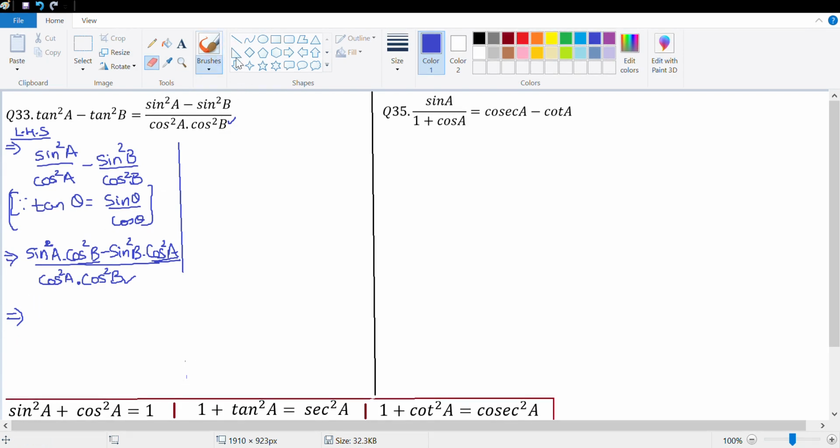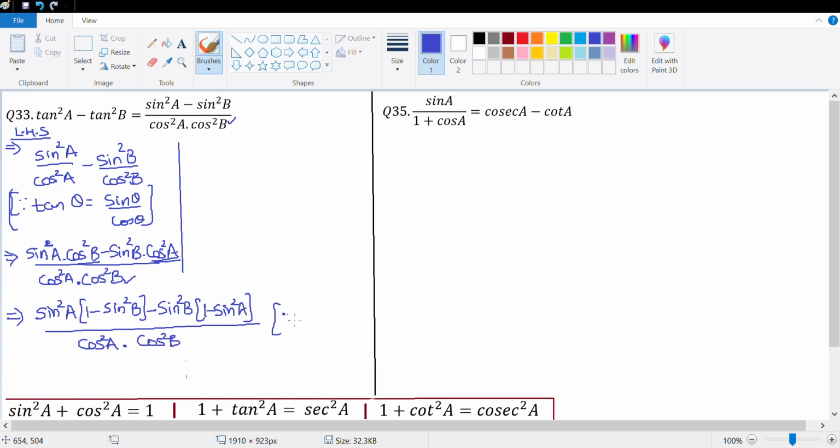So let's start writing. This gives me sine square a times (1 minus sine square b), and the second term becomes minus sine square b times, instead of cos square a, I write (1 minus sine square a). Perfect. The denominator remains the same, cos square a times cos square b.